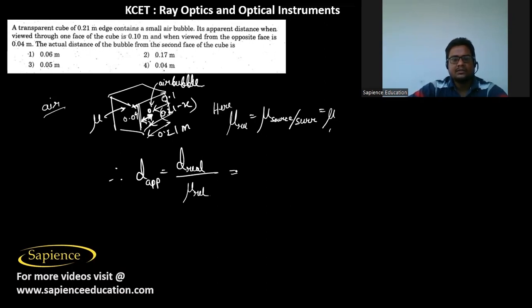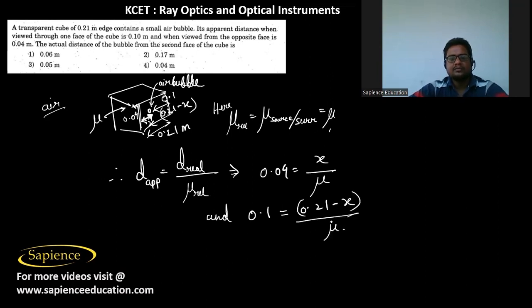So here from the second face of the cube, the apparent depth is 0.04 and the real depth is x divided by mu. And also from the first face, the apparent depth is 0.1 meter and the real depth is (0.21 minus x) meter divided by mu.